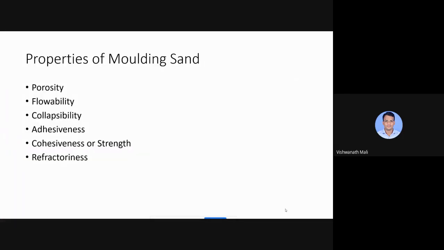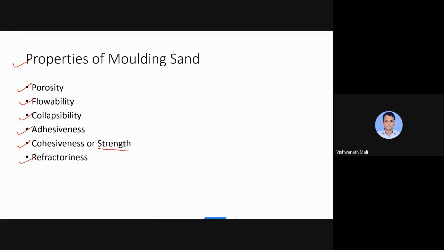Now we will go for the next topic, that is the properties required of molding sand. These are the properties: porosity, flowability, collapsibility, adhesiveness, cohesiveness, which is also called strength of this molding sand, and last one is the refractoriness.